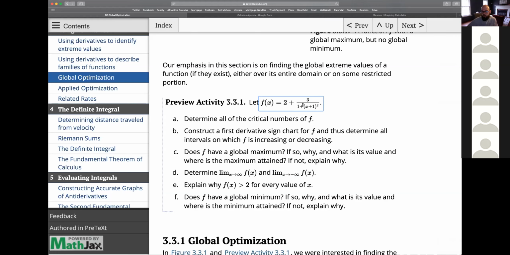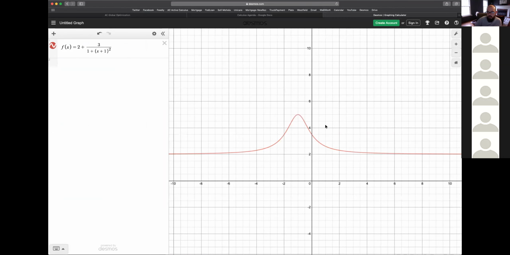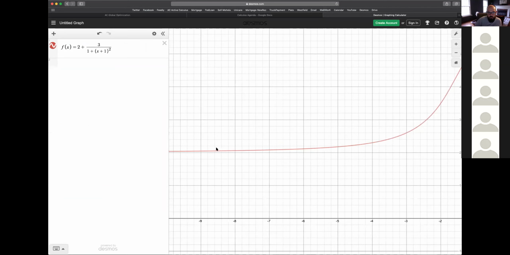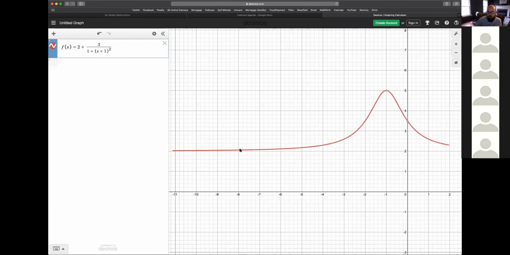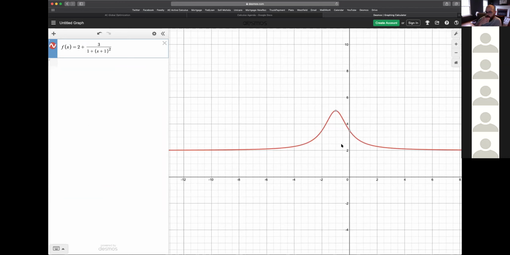So this will never be negative, so it never goes below 2. And so the question is, does it have a global minimum? So what do you think? If you looked at this function, does it actually have a minimum value? Is there some output that's just smaller than everything else?